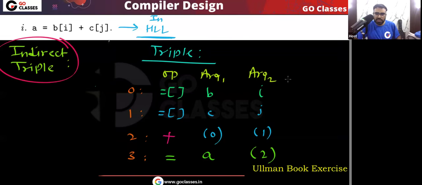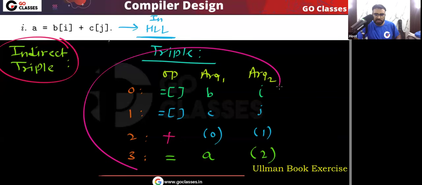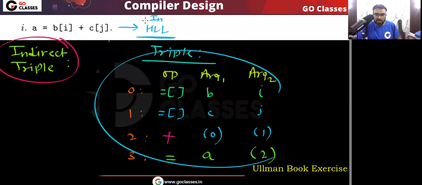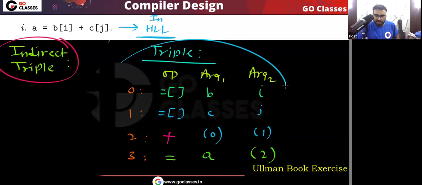One is execution order, another is triples. So remember, triples are as it is. These triples will remain as it is. Whenever you need to find the indirect triple representation, first you find the triple representation, and then you also put the execution order, because in the indirect triple representation we separate the triples from the execution order. So triples are separate and execution order is separate.